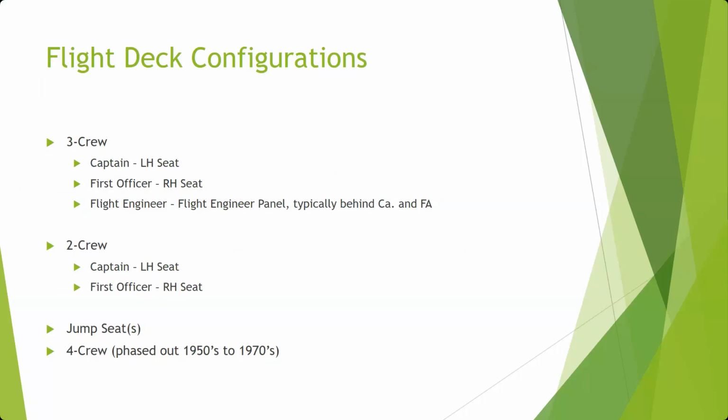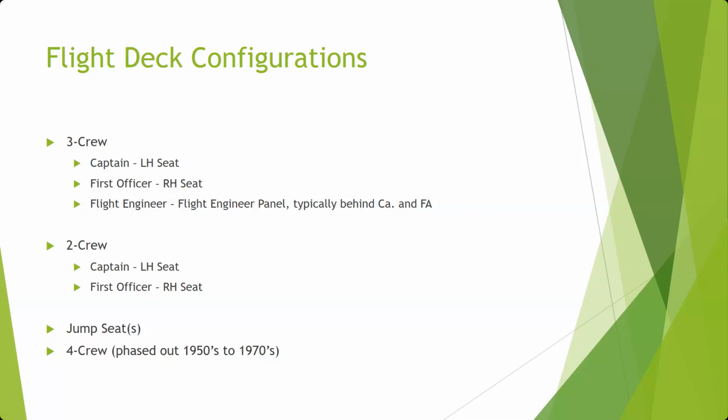A first officer sits in the right seat. Those are the two individuals primarily responsible for flying and navigating the aircraft, as well as performing the communication functions using the radios. And then you have a flight engineer. The flight engineer panel is typically located just behind the captain and first officer, and they are primarily responsible for system operation and monitoring.